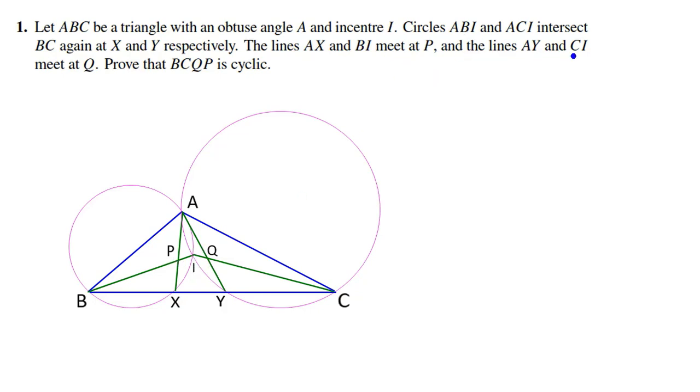And the lines AY and CI meet at Q. Prove that BCQP is cyclic.